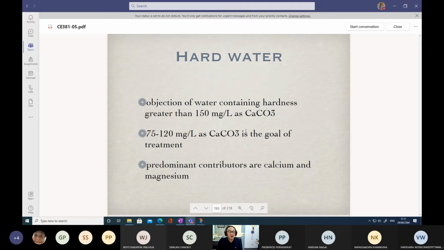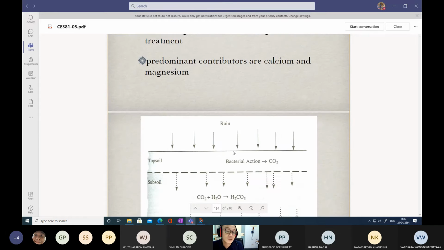Sometimes it goes up to 150. 150 is still acceptable. 120 is common. But in terms of the cations, the predominant contributors are calcium and magnesium.